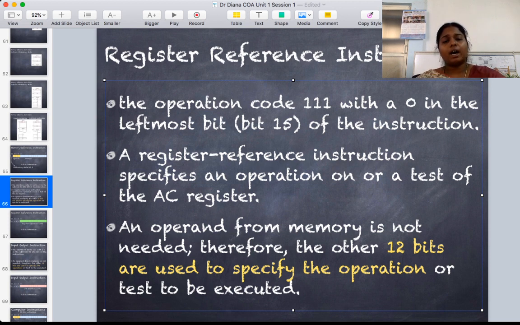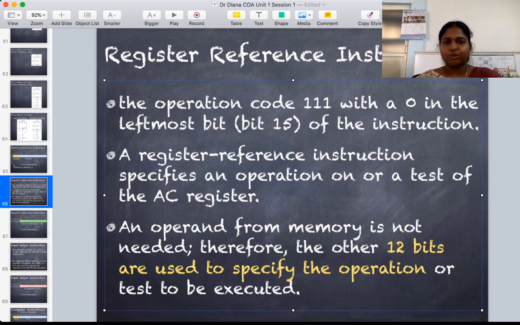Then how do I understand what operation is to be performed? When I am talking about registers, I am not going to access memory, so I am not going to make use of any address for accessing the memory. In that case, the rest of the 12 bits, 0 to 11, are going to be vacant.